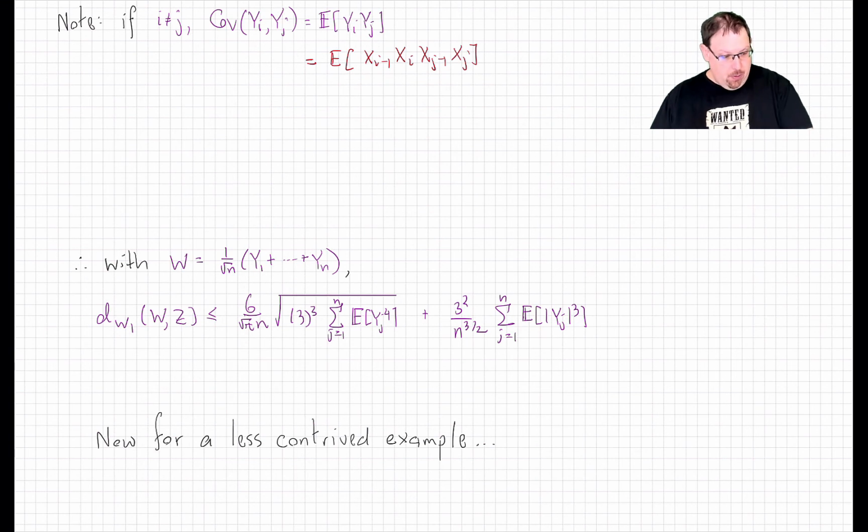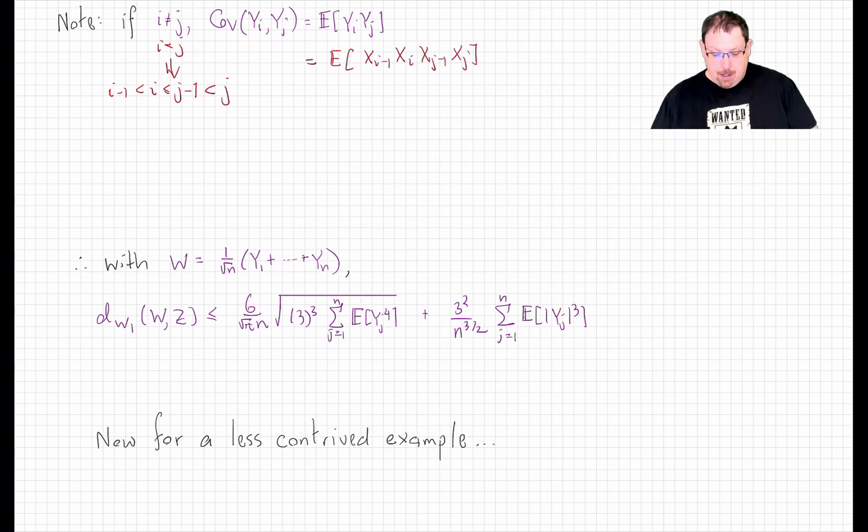Let's decide that we'll write i less than j here without loss of generality. And now, in order to consider this sum, notice that with this assumption in place, i minus 1 is certainly less than i, and i is less than or equal to j minus 1, since i is less than j. That's certainly less than j.